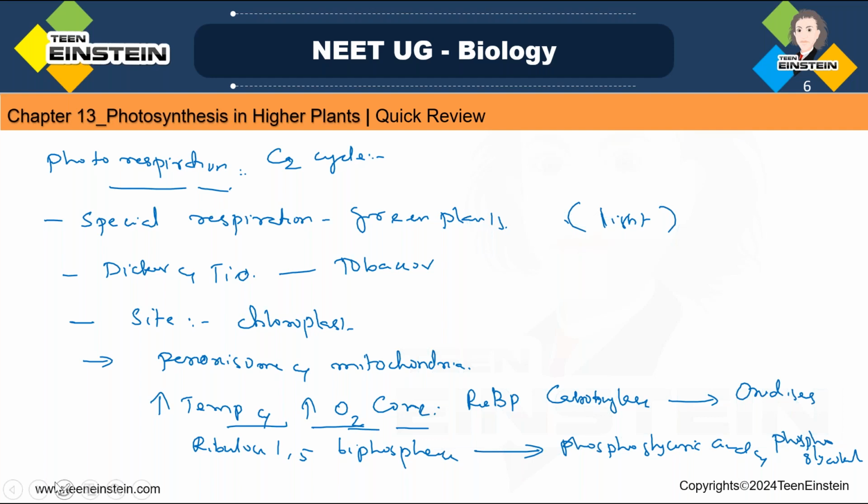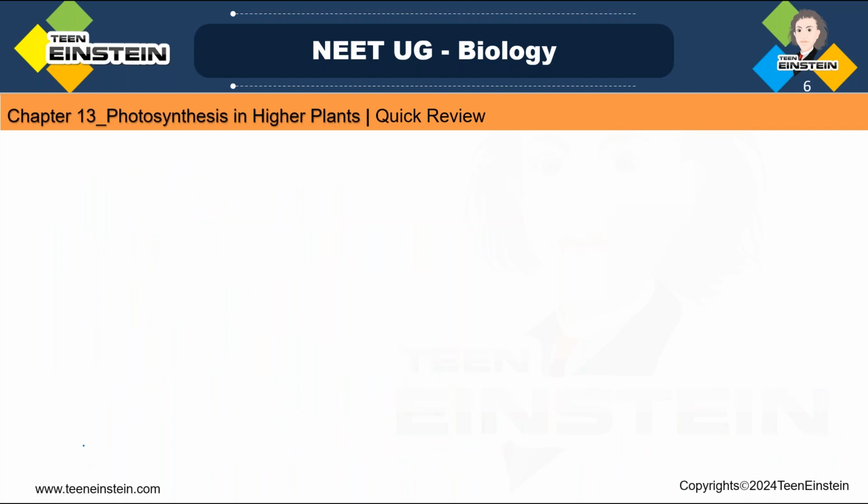And here the photorespiration involves synthesis of two carbon compounds. That's why it is called the C2 cycle.